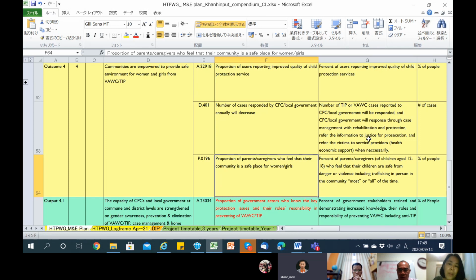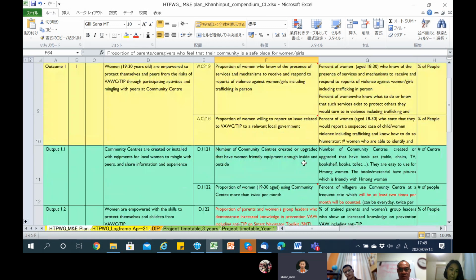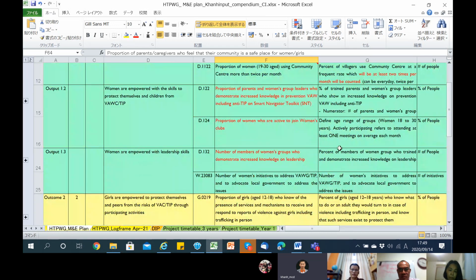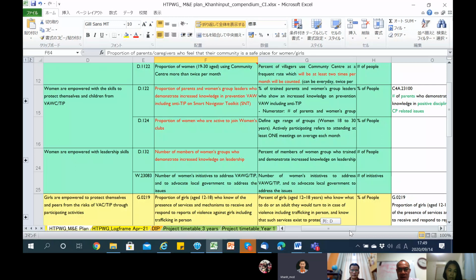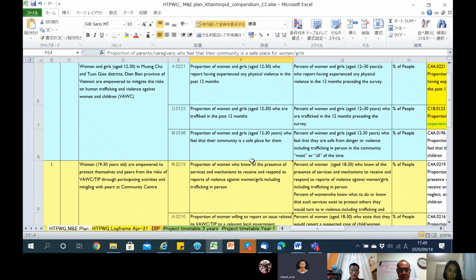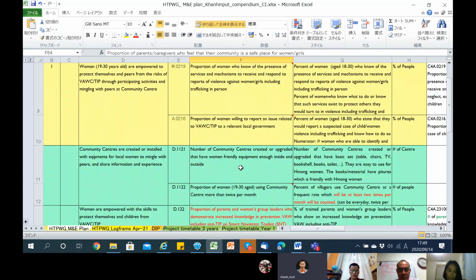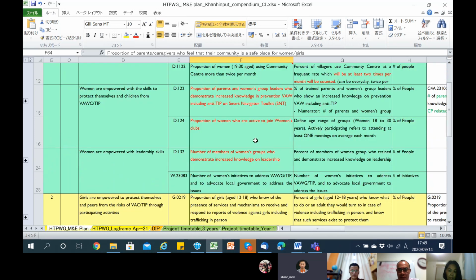Sorry, we just showed you some very rough ideas. But we also have the Output 1 indicators. We have three indicators. We put them in the TOR. Output 1: proportion of women using the community center more than once a month.